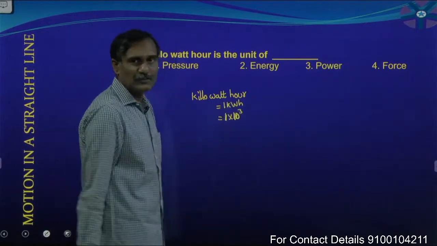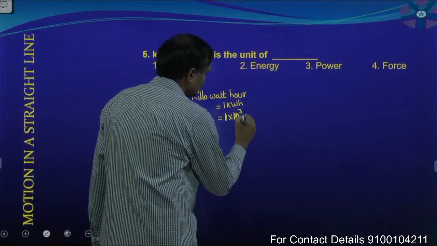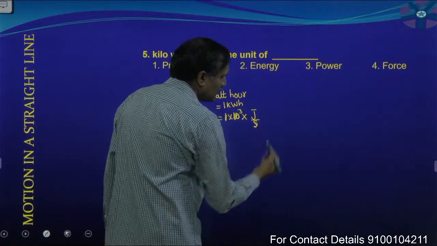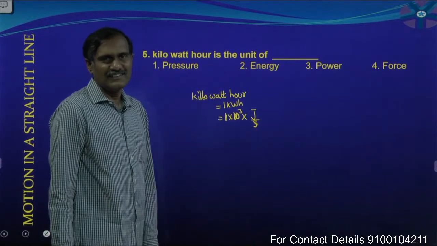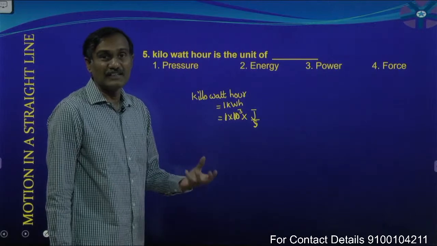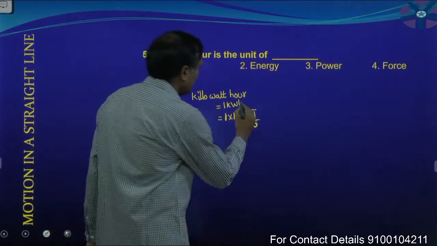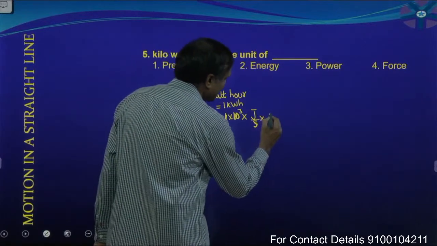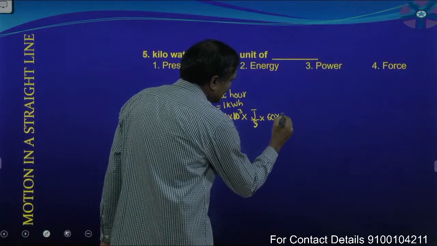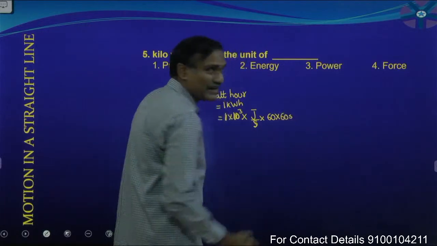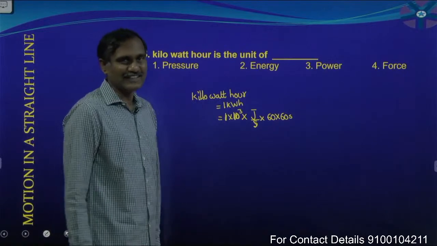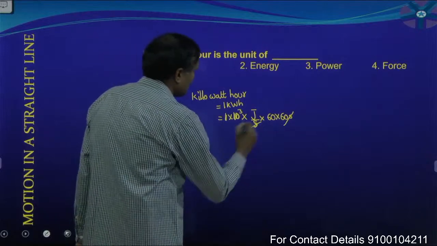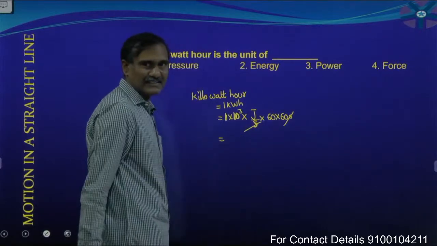Watt is nothing but joule divided by second, the unit of power, work done divided by time, into hour. In terms of seconds, 1 hour is nothing but 60 into 60 seconds. Now, this s gets cancelled, it becomes 6 6s 36.